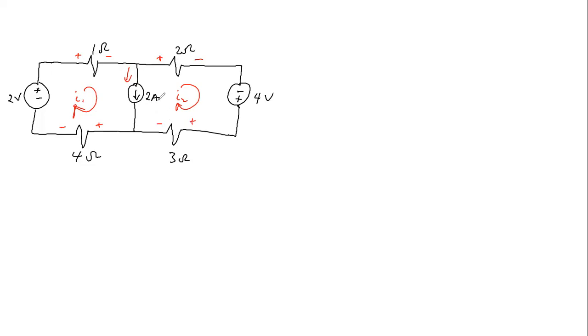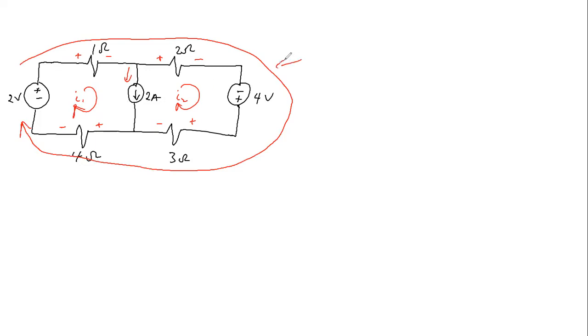Okay. So this leads to a supernode problem. And here we say a super mesh problem, sorry, it's a super mesh problem, not a supernode problem. So in other words, the super mesh is that closed path that does not include the current source.